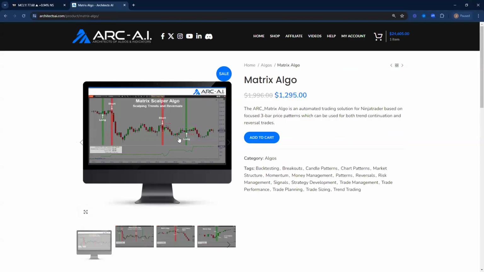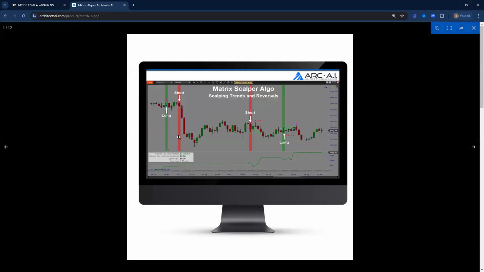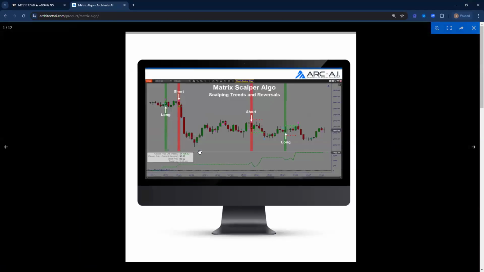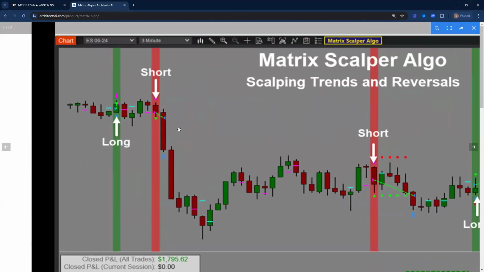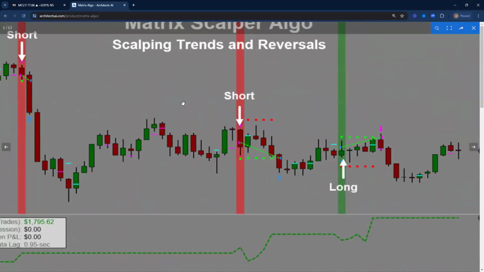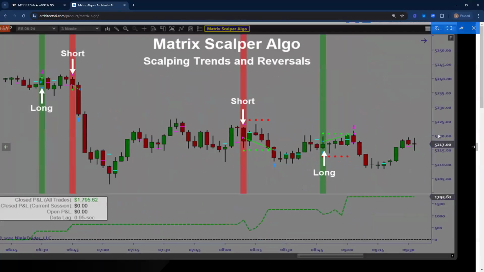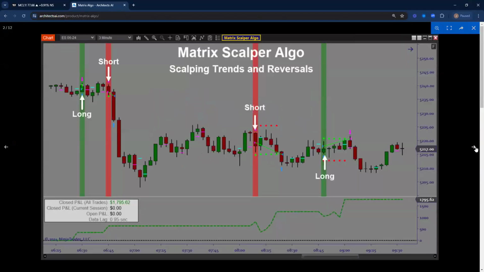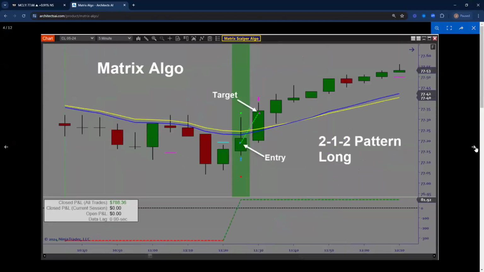Matrix, you got the 3-1-2 and the 2-1-2, the Chicago and New York. Those are going to be my favorite patterns, the Matrix. So it's based on bar numbering systems. 2 is directional, 1 is inside, and 2 is directional. So you've got a directional bar down, inside bar, directional bar up.